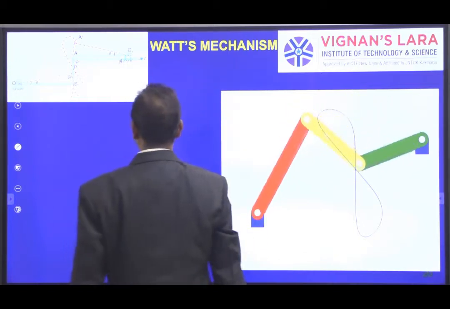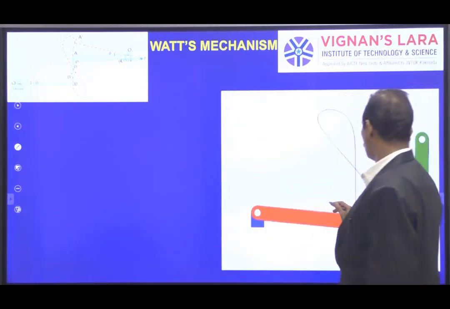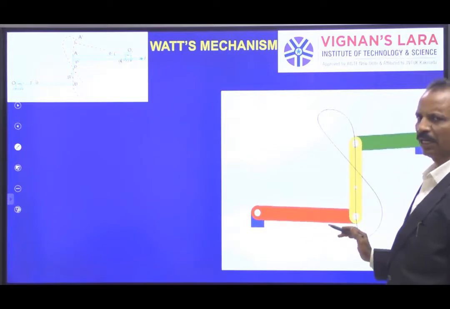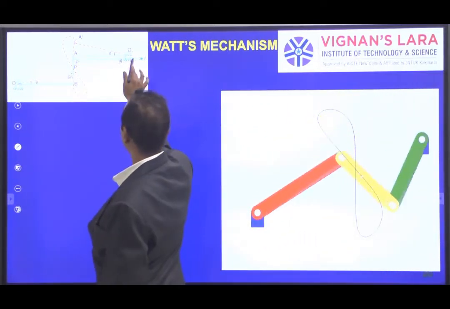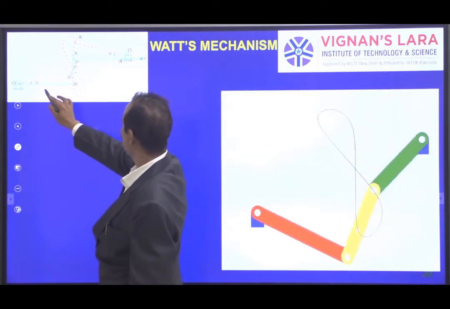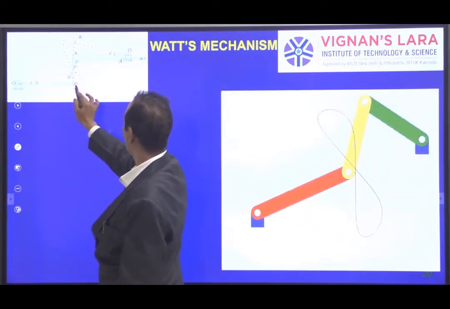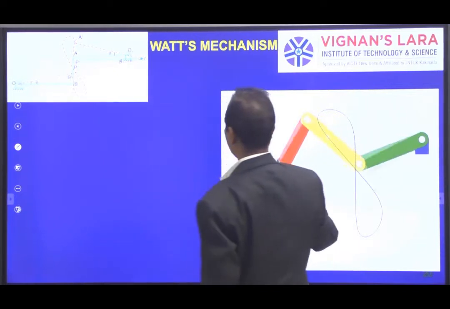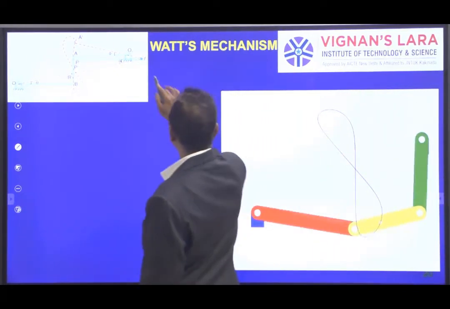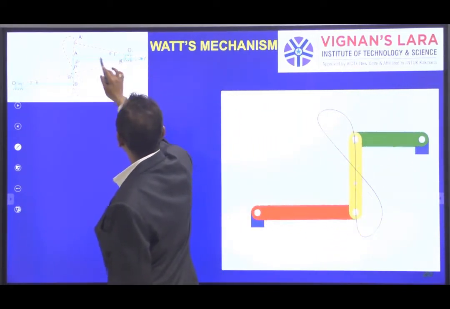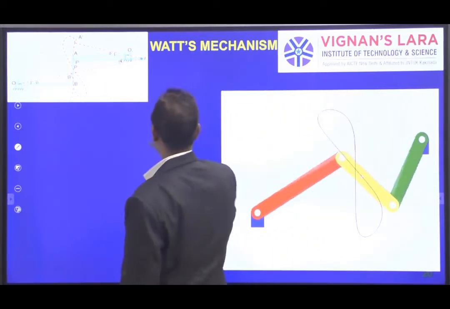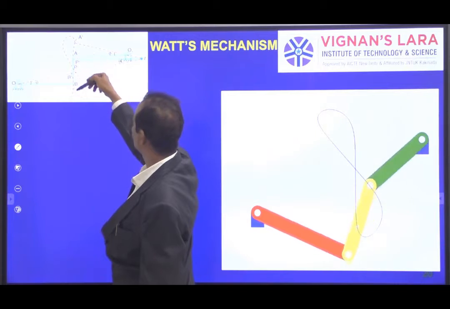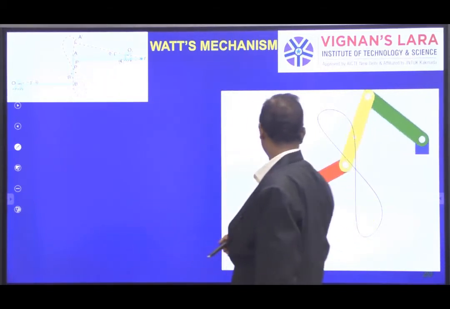The same thing we have animated in this diagram is shown here from the analysis point of view. This is OB, the red one. Then this is O1A, the green one. The middle yellow one is shown by link AB.